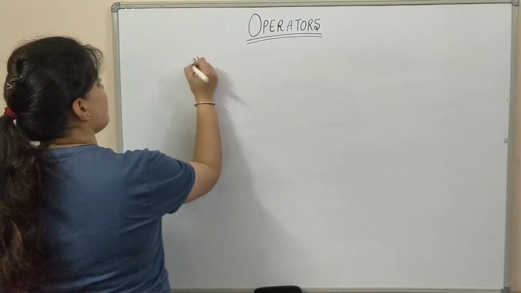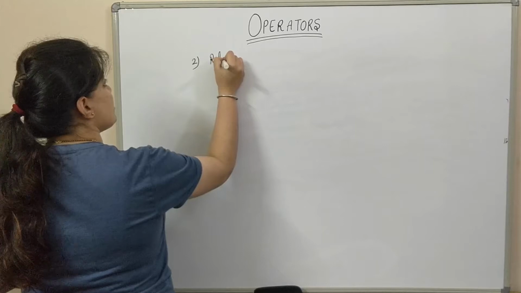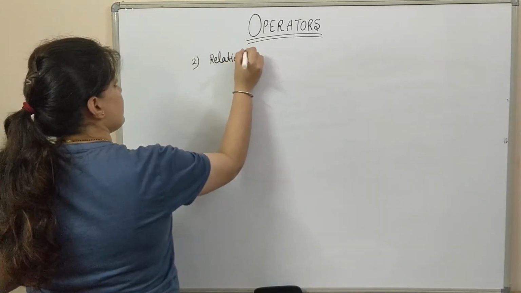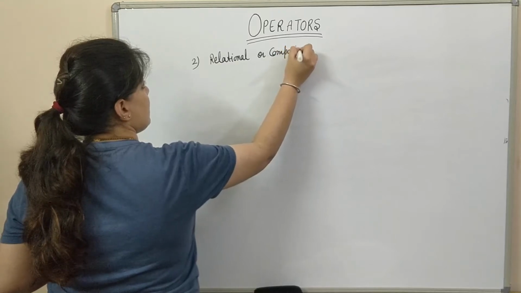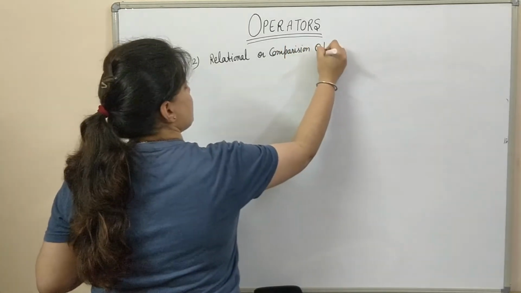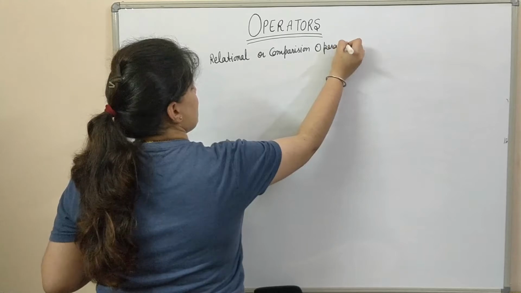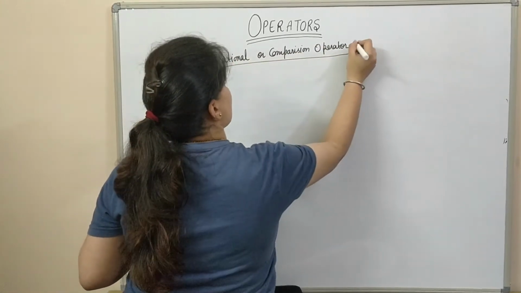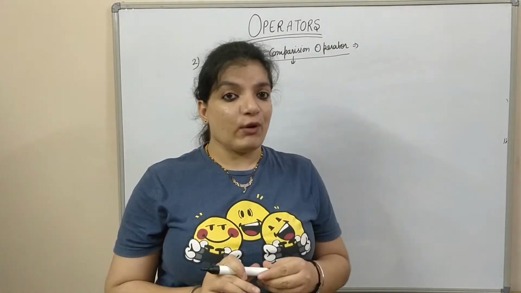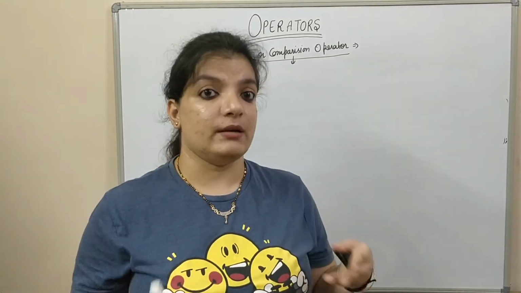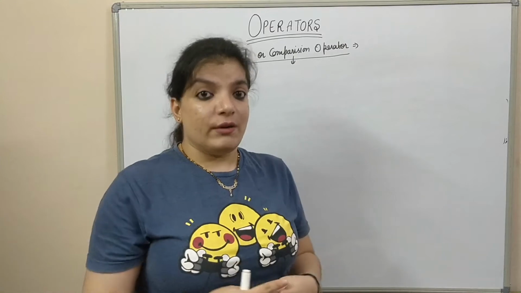Now the second type of operator, relational or comparison operator. As the name indicates, comparison means these types of operators are used to compare two operands or two values.